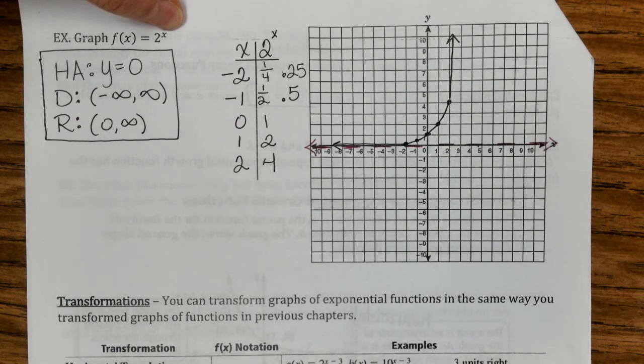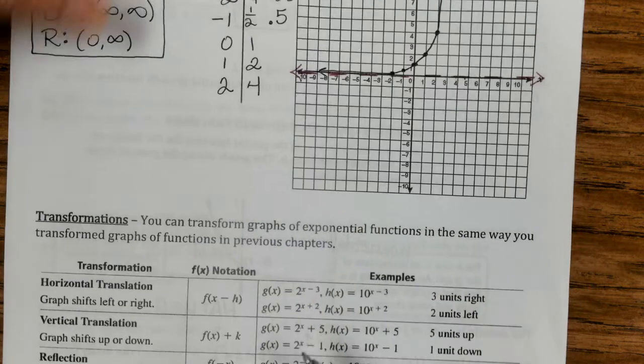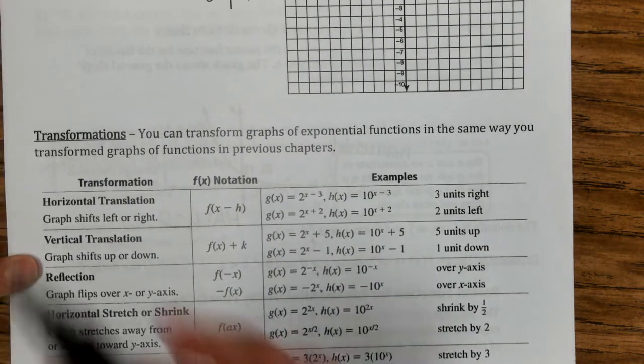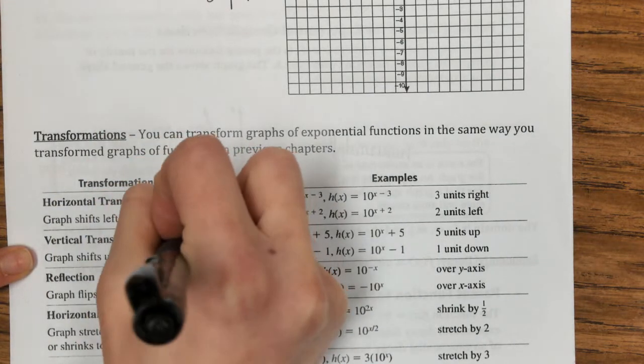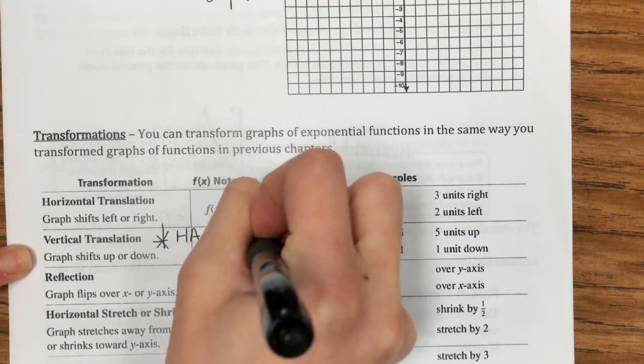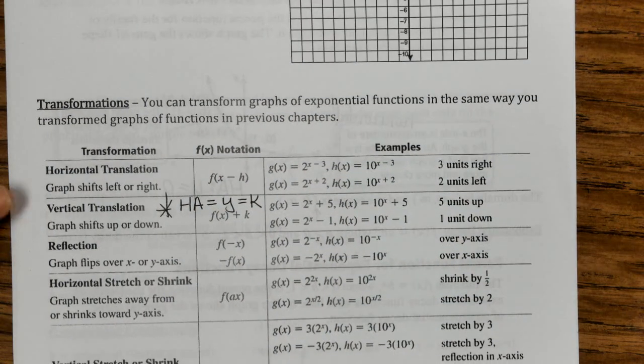If it's not in the exponent, then it's not happening to x. Everything else would be y. So if I am shifting it up or down, that is when your horizontal asymptote will equal that k value. So if I have 2 to the x power plus 5, my horizontal asymptote is going to be y equals 5. So whatever that k value is that you're adding or subtracting, that's going to be your new horizontal asymptote.